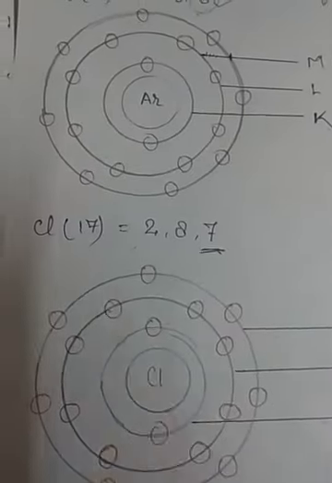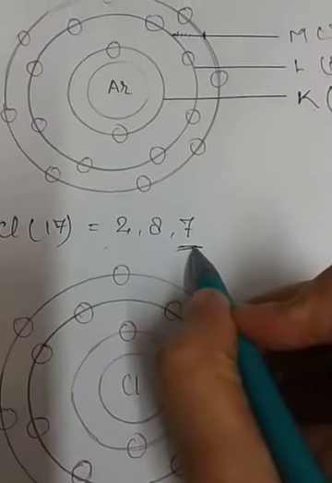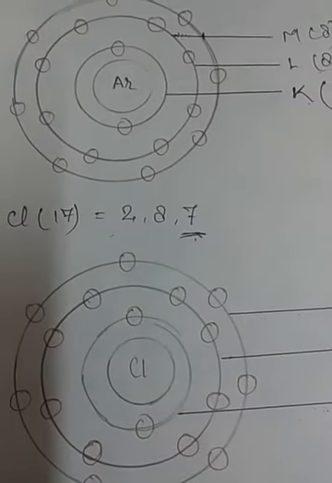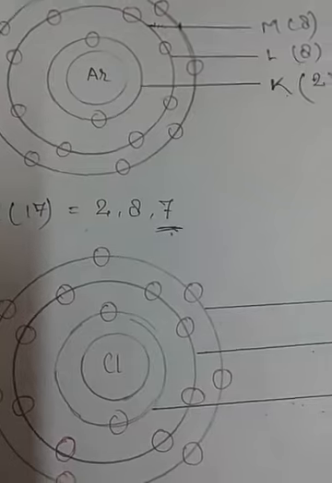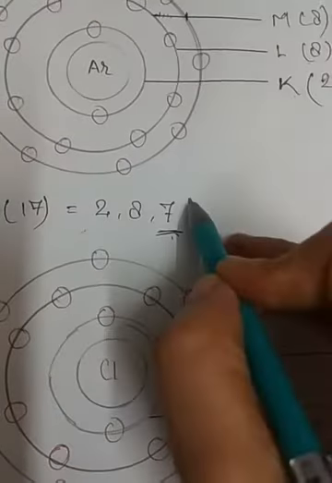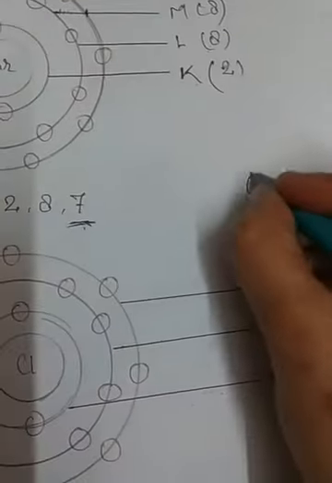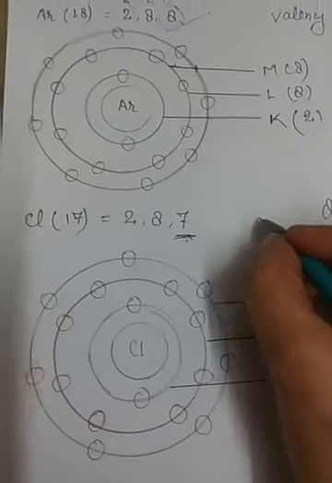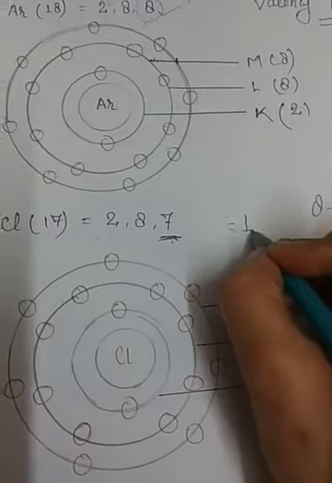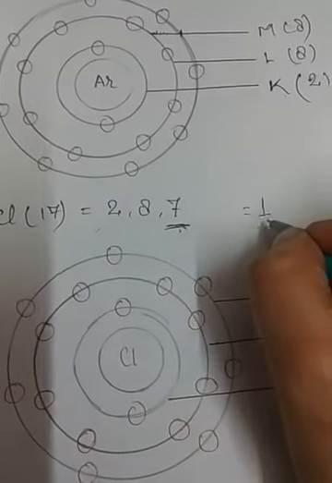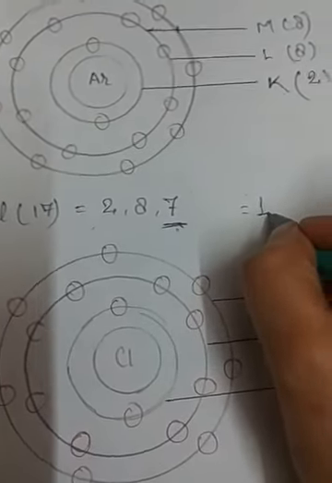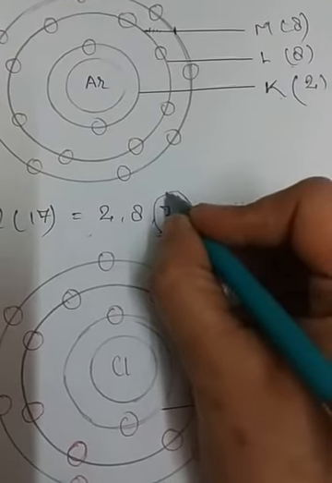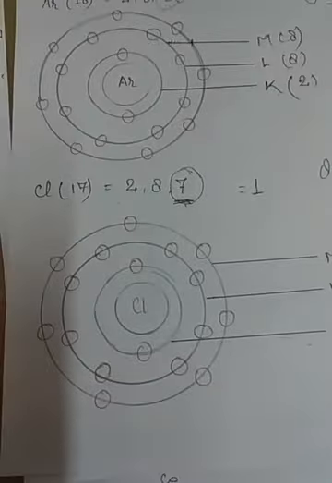If the number of valence electrons or outermost shell electrons is more than 4, then we just subtract the number from 8. By subtracting the number from 8, how much do we get? 1. So the valency of chlorine will be 1.